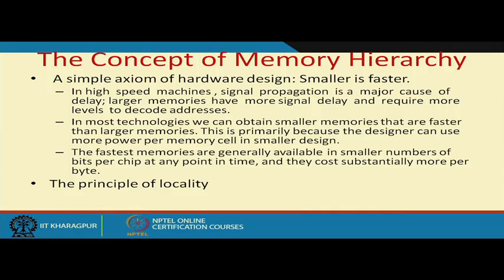Now, as I have told you, it is important that you have a high speed CPU, but your connecting supporting devices should also be fast. Specifically, your memory plays a very important role. This memory is actually realized in the computer in terms of a memory hierarchy.